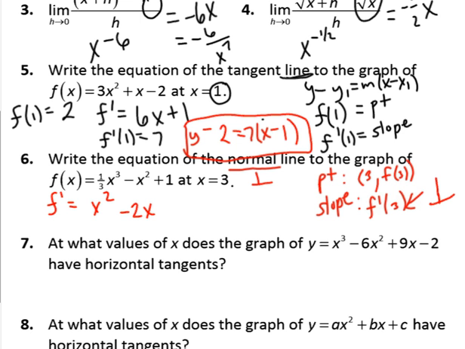So then f prime at 3, sorry for my notation there, f prime at 3 is 3 squared minus 2 times 3, so that's 9 minus 6 is 3, and we also want to know our point, so f of 3 is equal to 1/3 times 3 cubed, what is 3 cubed? 27, divided by 3 is 9, minus 9, nope, 9 minus 6, nope, 9 minus 9 plus 1.